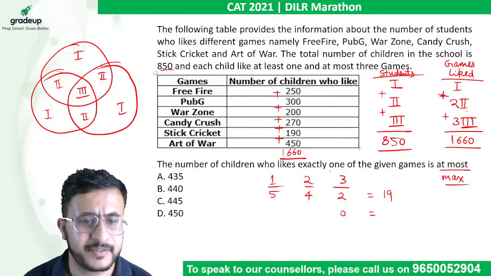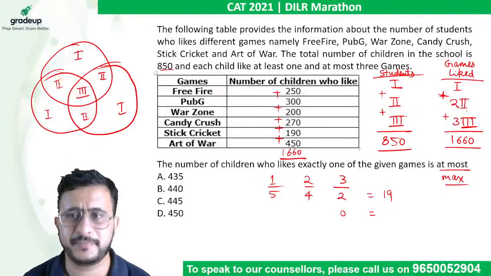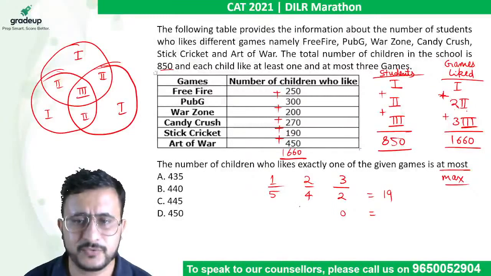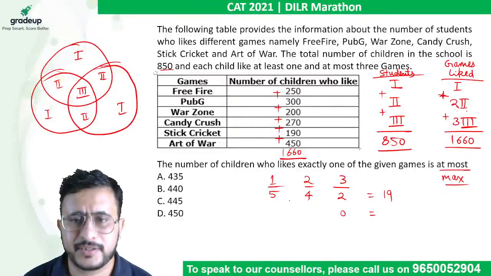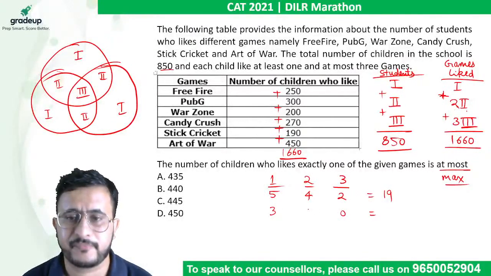Right. So what will happen? If I have to maximize 1, I will try to minimize 2, because if I minimize 2, so let us take this. You'll get 3, and you will get 8, right?